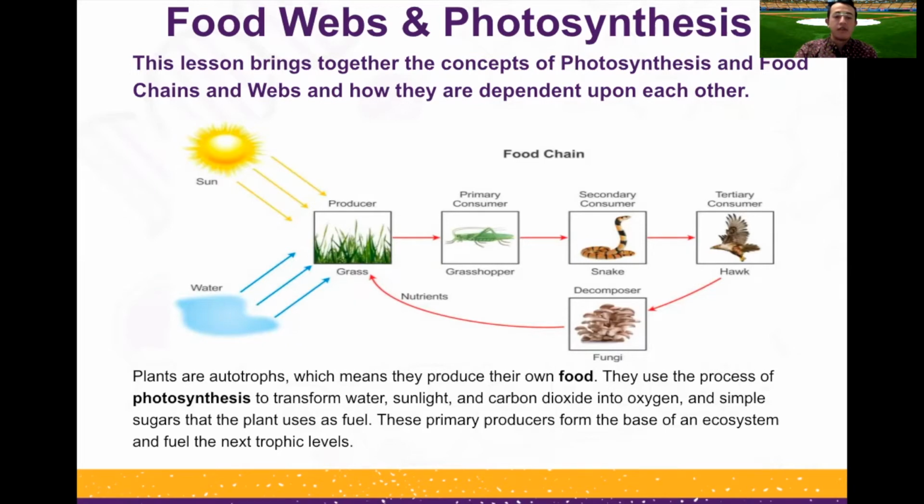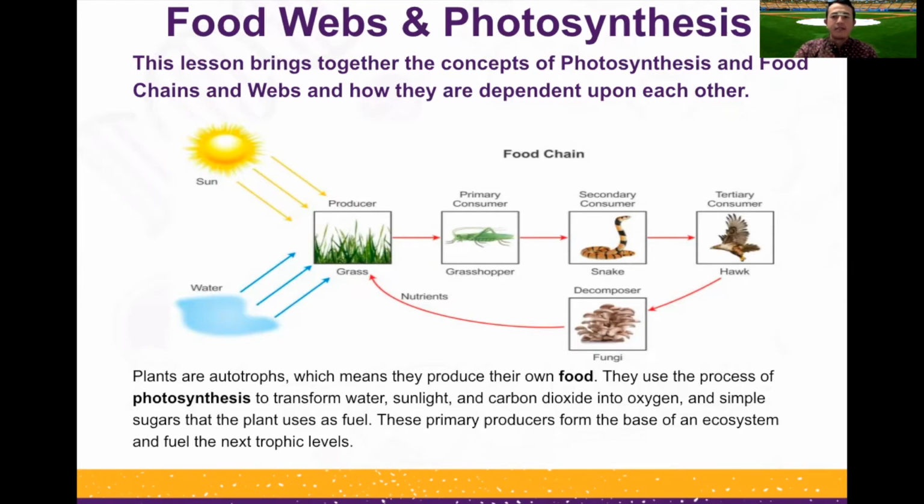And we know for plants, that plants are the autotrophs, which means they produce their own food. They use this process of photosynthesis to transform the water, sunlight, and carbon dioxide into oxygen and simple sugars that the plant uses as fuel. The primary producers form the base of an ecosystem and fuel the next trophic levels.